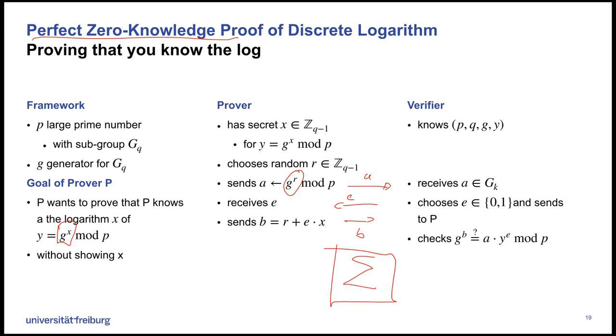It's called sigma protocol because the arrows look like a sigma. It has the idea that you commit yourself to some random value, you get a challenge, and then you give away half of the information.